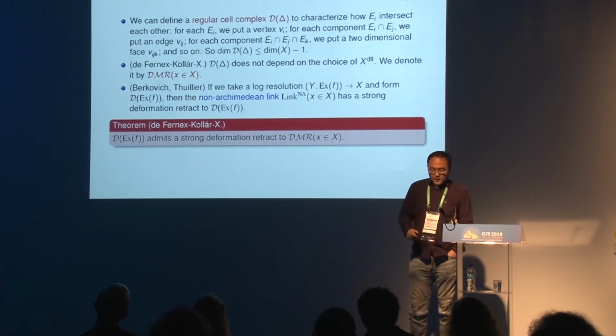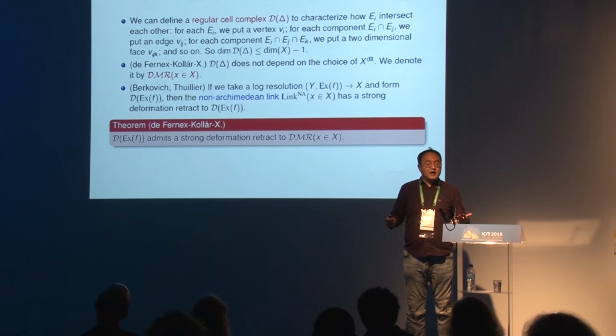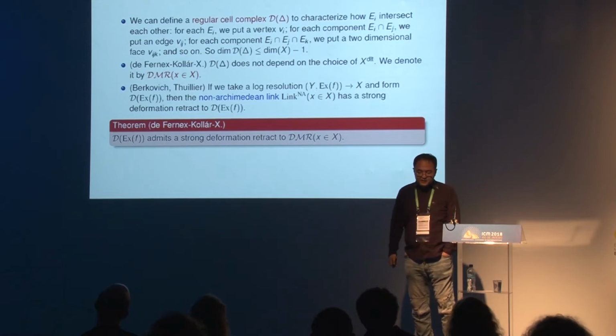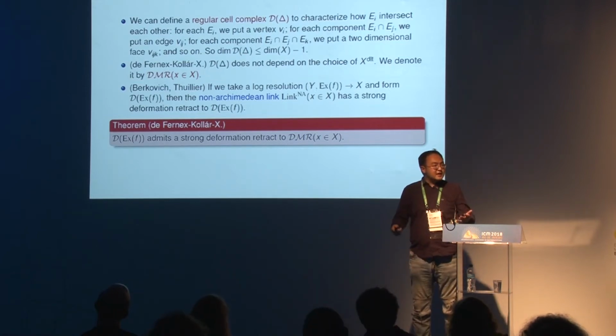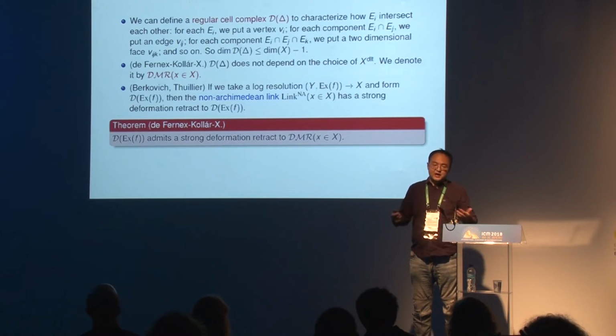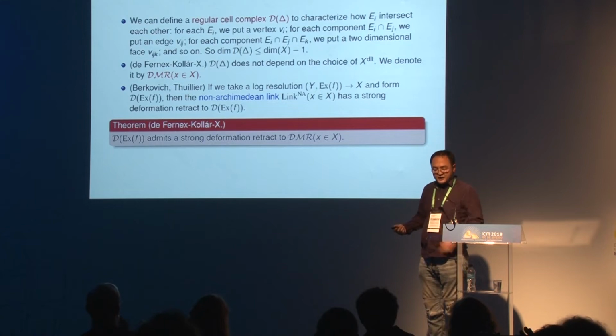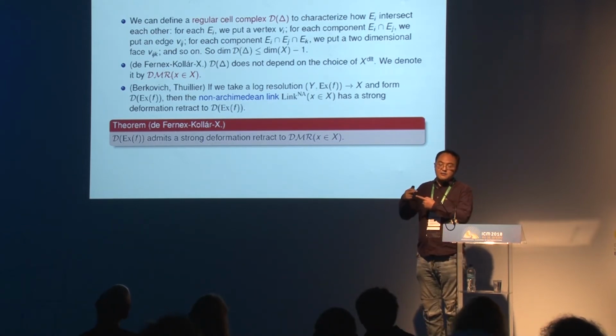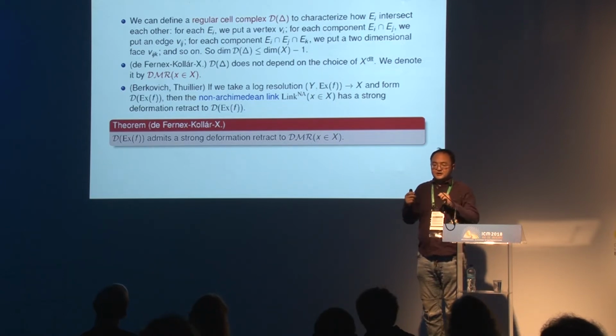Now, basically, out of the information of this dlt modification, we can define a regular cell complex, D(Δ). Basically, this complex characterizes how the E_i intersect with each other. The definition is: for each E_i, I take a vertex and put a vertex there. Then if I have one component of E_i intersected with E_j, I draw an edge to connect them.